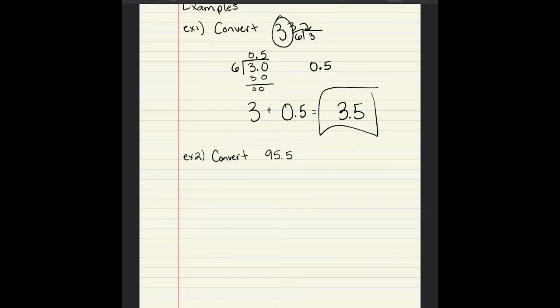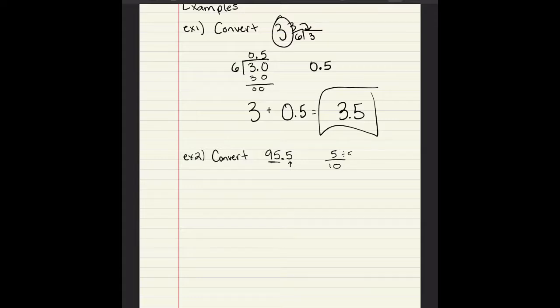Okay, we are going to convert 95.5, and we have a whole number here, 95, and then our decimal, 5/10. So it's in the tenths place value, and it's our last number, so it's 5/10.